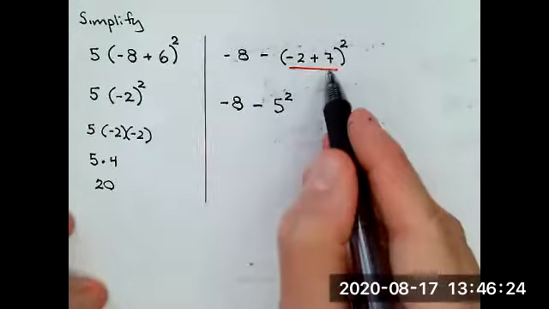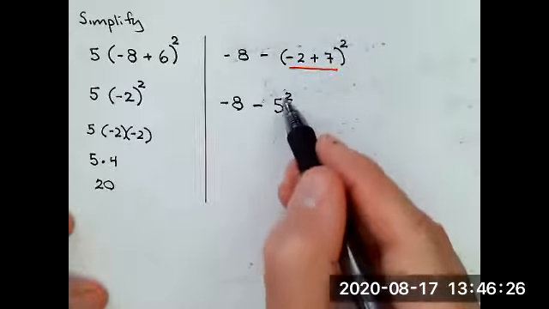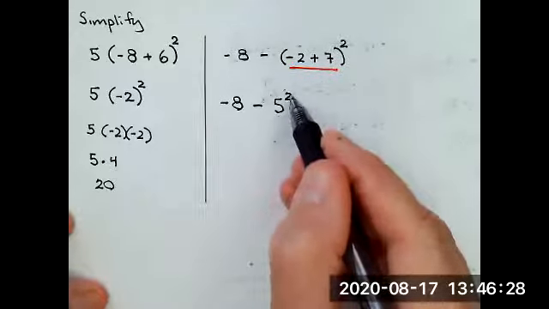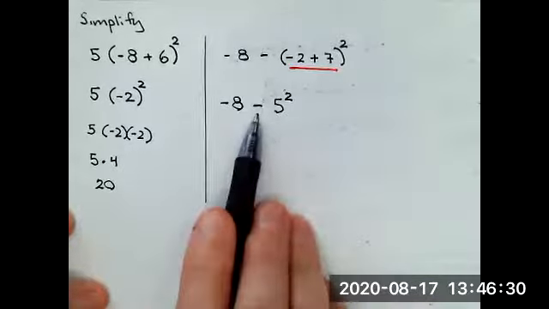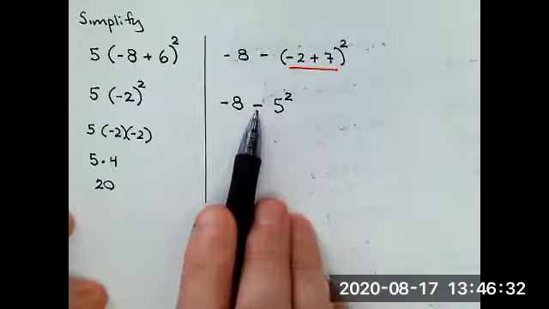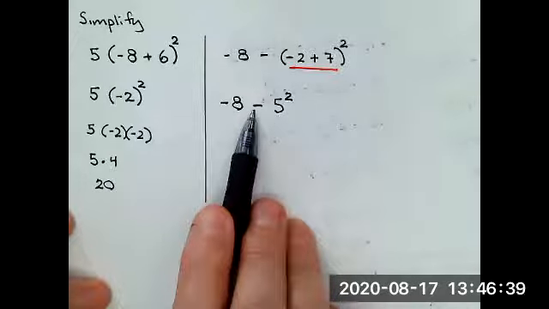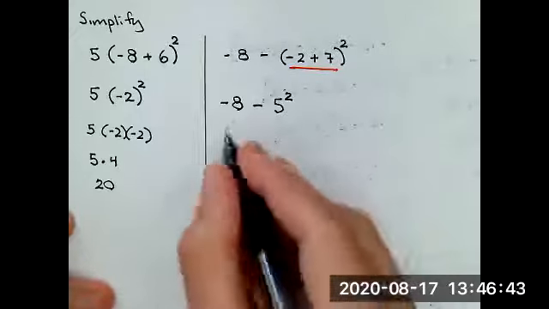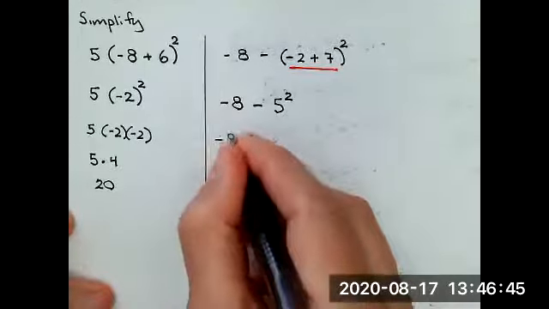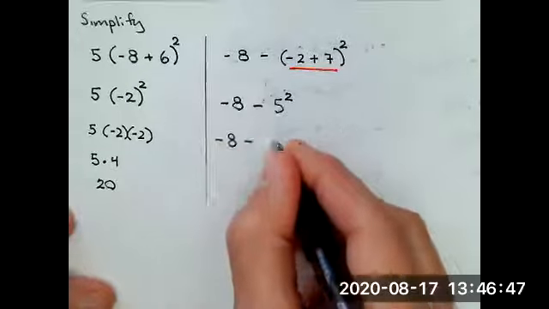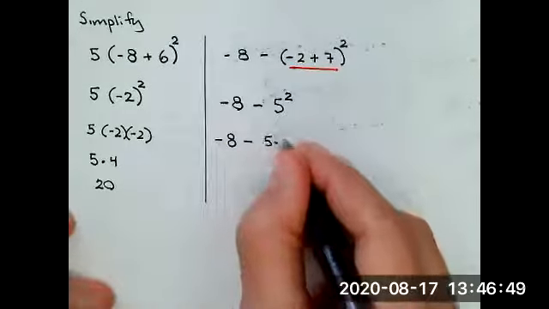So now that we've simplified the parentheses, now we're going to do the exponent. And you take a moment and you go, is this negative repeated? Well, the answer is no, because this negative is not inside the parentheses. So this is just -8 minus 5 times 5.